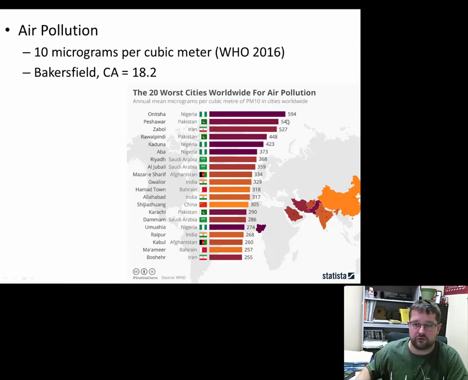Look, in Nigeria, 594 micrograms per cubic meter. 38 times what you would find in Bakersfield, California. Now, if you look down this list, you're going to see a lot of places that have a lot of people. China, India, those regions of the world are the most populated places on the planet.